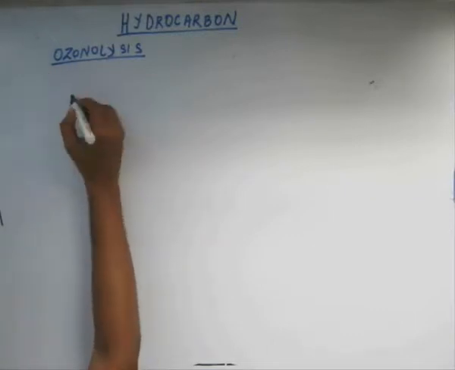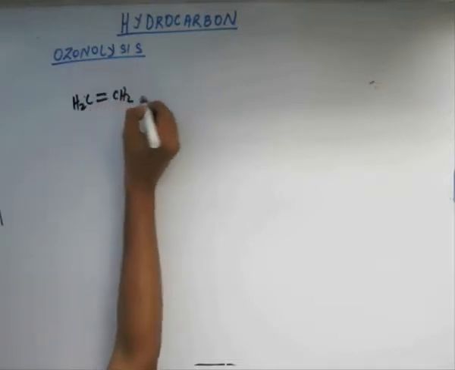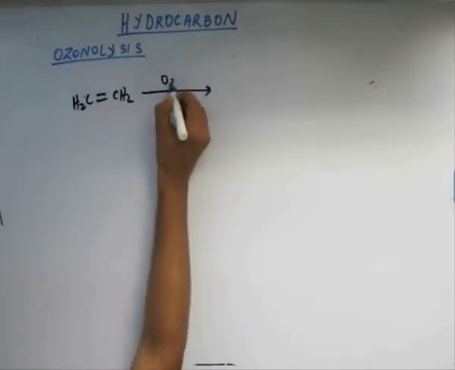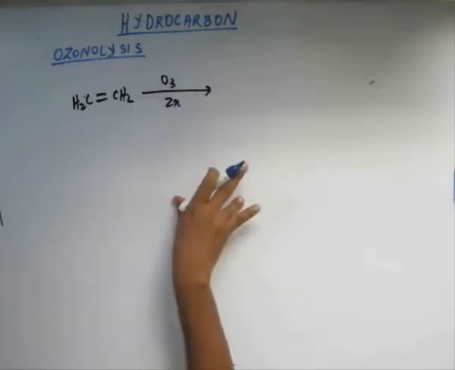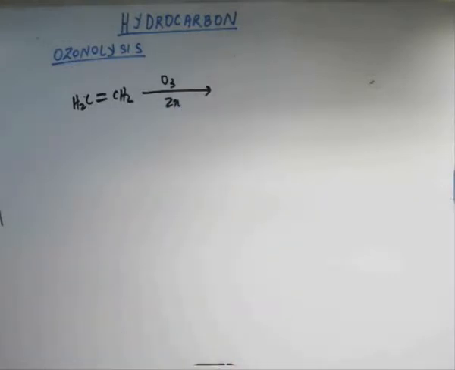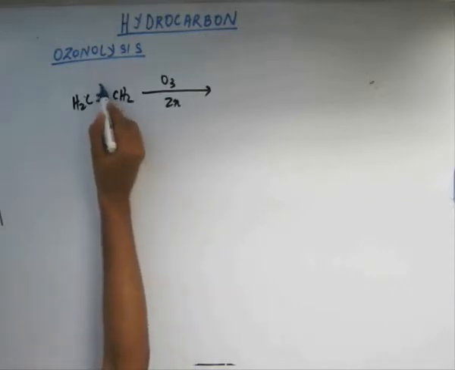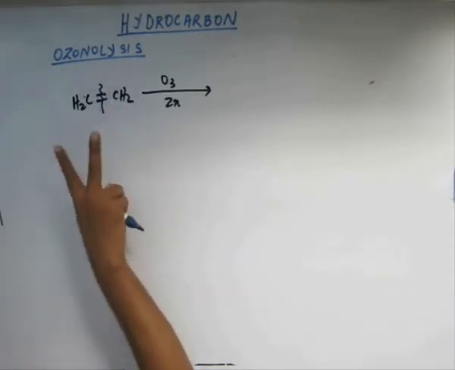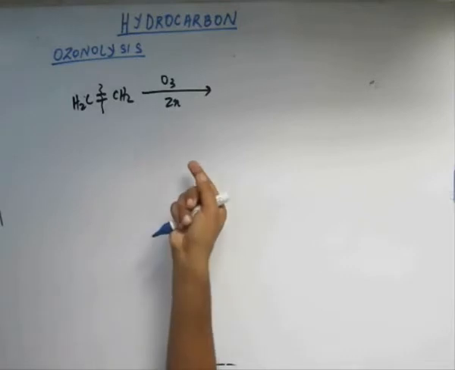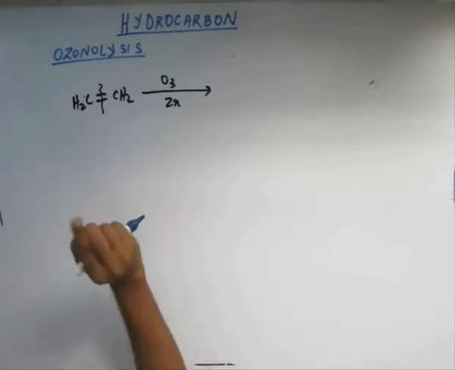Let's start with ethene. Suppose I have ethene and I took ozone and zinc. I carried out reductive ozonolysis. Now the method of writing the product is simple, as I have told you before. You will break the alkene from here, and the carbon which was making a double bond with carbon will now make a double bond with oxygen.